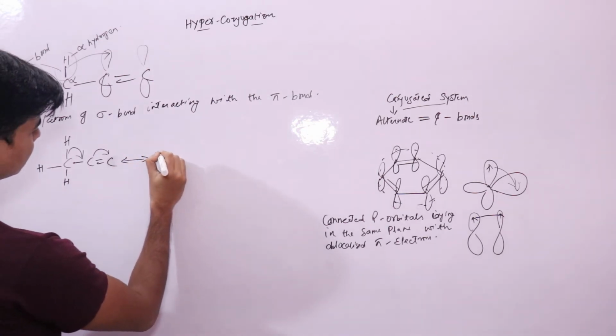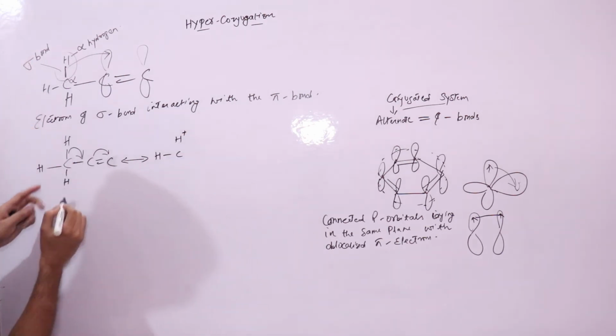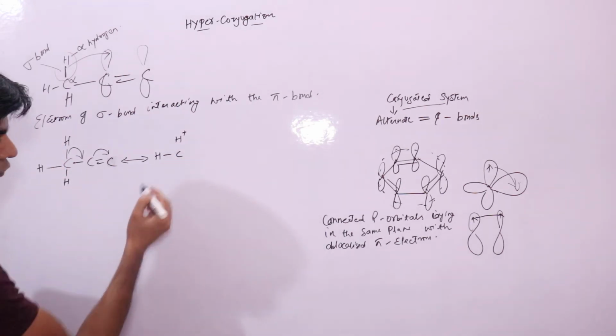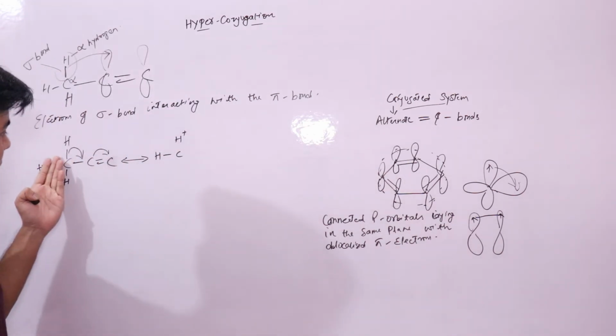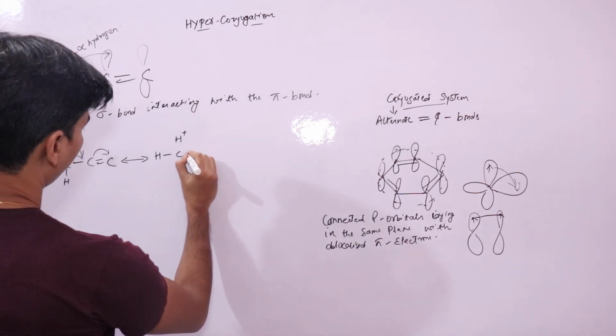Let's draw it. Since the electrons of this bond have moved, there is kind of no bond, because a bond is formed of electrons.